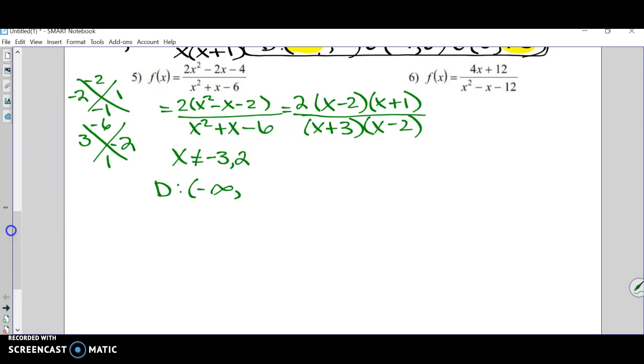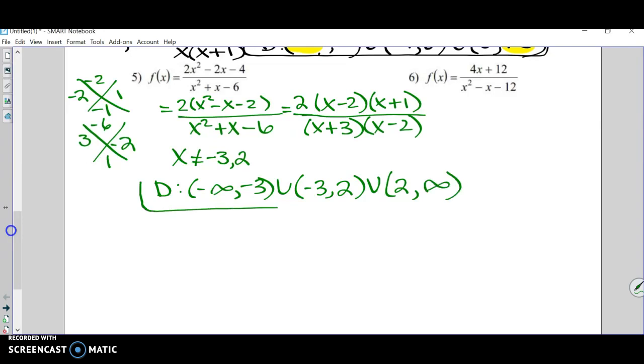Negative 3. Where do I pick back up in my domain train? Negative 3. The next stop, is it positive infinity? I got another stop. Positive 2. Then union again, and then 2 to infinity. Do I have any more stops or domain restrictions? Nope. So I can finish and end at positive infinity.